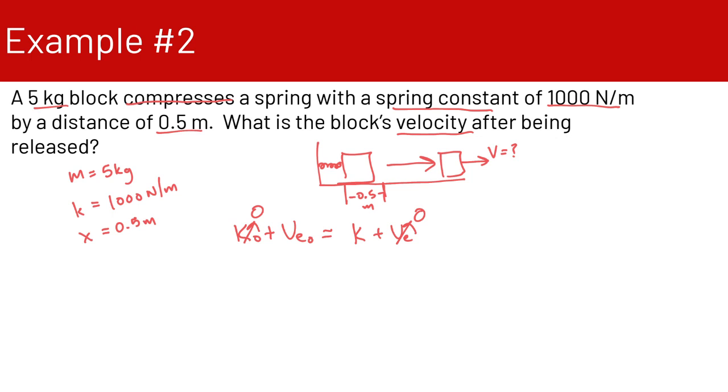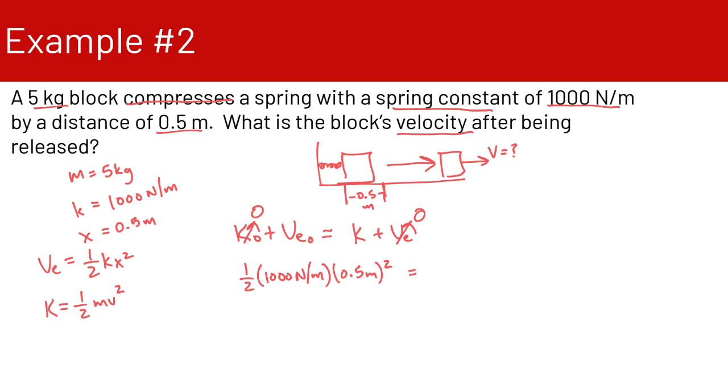So let's look at our spring potential. Remember, spring potential energy, UE, is equal to 1/2 k x squared, and kinetic energy is equal to 1/2 m v squared. So our UE naught is going to equal 1/2 times our k, which is 1,000 newtons per meter, times our x, which is 0.5 meters, squared.